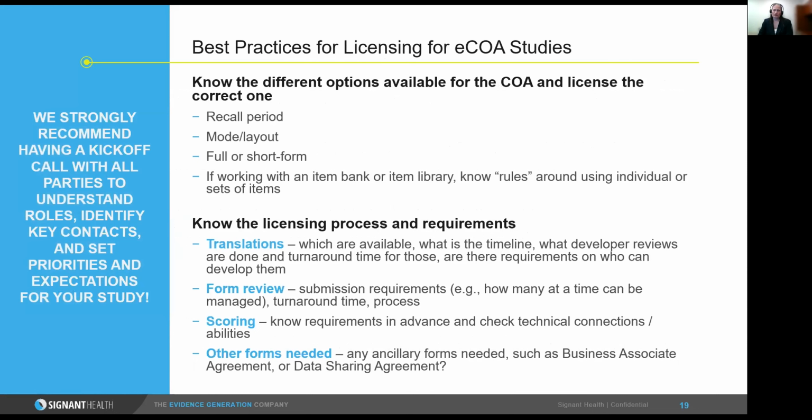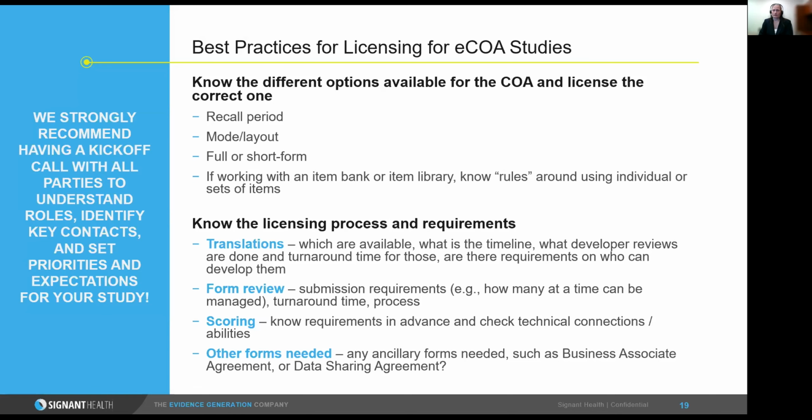So we strongly recommend for these reasons that you have a kickoff call with all parties to understand the roles, identify key contacts, and set priorities and expectations for your study. I can't say it enough. If you have something that involves multiple countries, if you're doing something with 60 different translations, you really need to make sure that everybody involved knows what's going on.